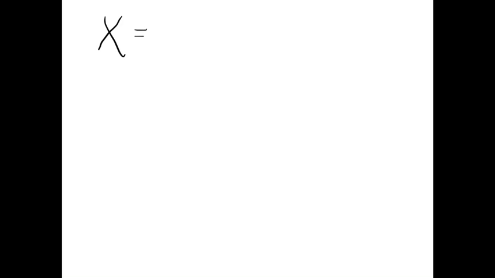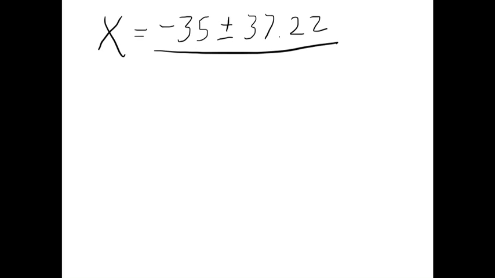We'll find the values that go along with this. B is 35, so we've got negative 35 plus and minus 37.22 all over 2 times a, where a was negative 16.